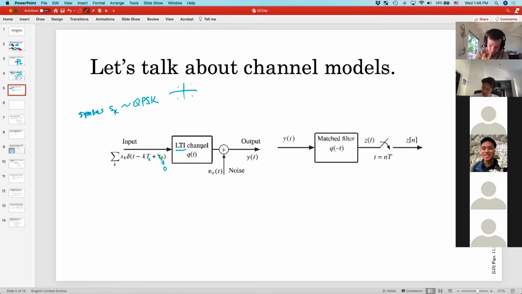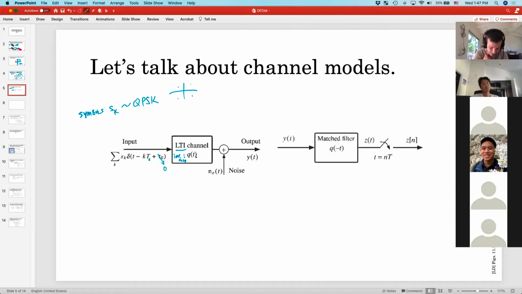And if we at first model the channel as an LTI system, then its impulse response tells us everything we need to know. And if we are not doing any pulse shaping, then what is essentially happening is that each symbol, right, what happens when I convolve this impulse train with this impulse response?